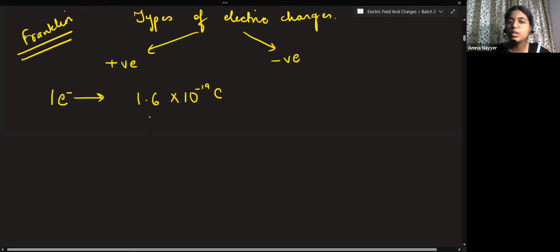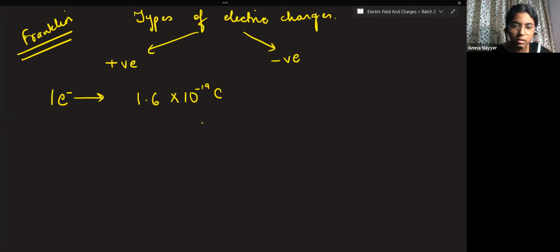Like you cannot have 0.8 into 10 to the power minus 19 coulomb of charge. Why? Because this has been determined experimentally, the charge present in an electron. Since a single electron has this much charge, this is the minimum quantity. Beyond this, it cannot have.